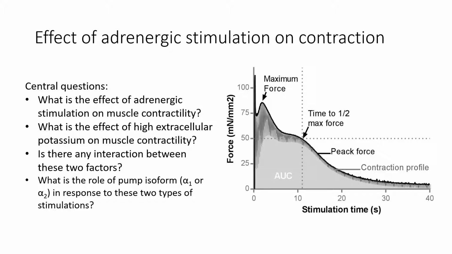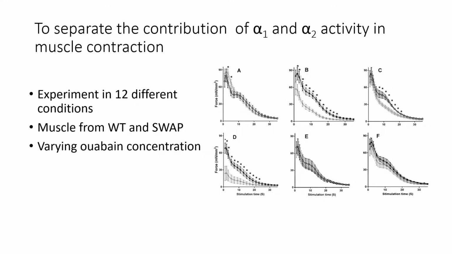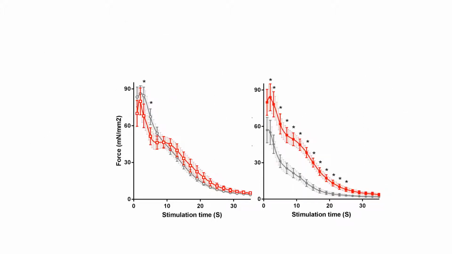And what is the role of the sodium pump, alpha 1 or alpha 2, in response to these two types of stimulation? To separate the contribution of alpha 1 and alpha 2 activity in muscle contraction, I conducted this experiment in 12 different conditions. So we used muscle from wild type and SWAP animals, varying ouabain concentration.